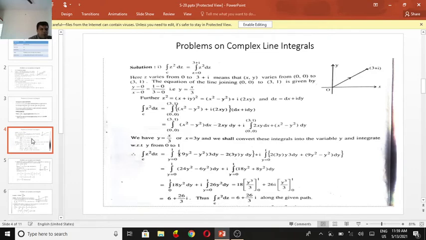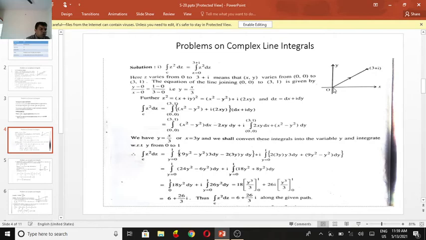This is a straight line passing through the origin, so the points vary from (0,0) to (3,1). So we can make a line equation.